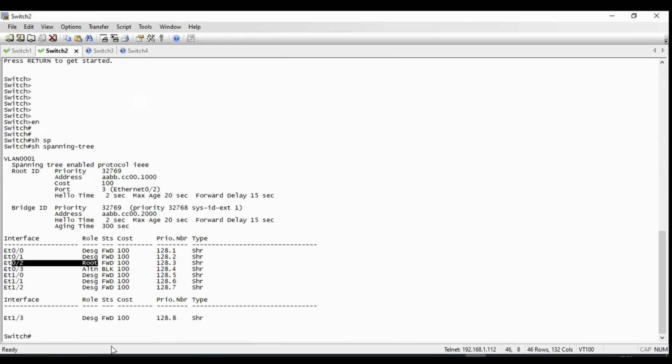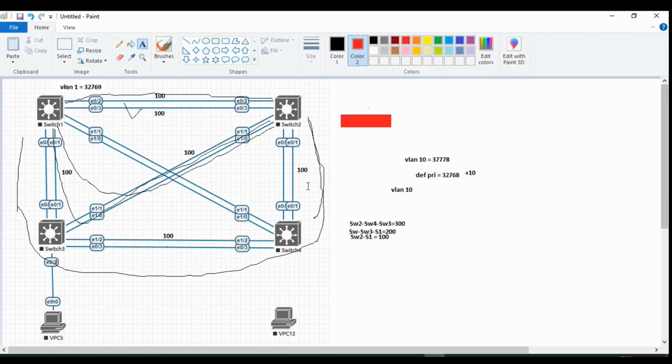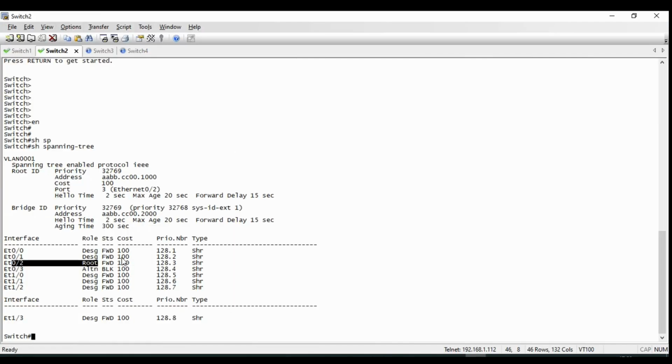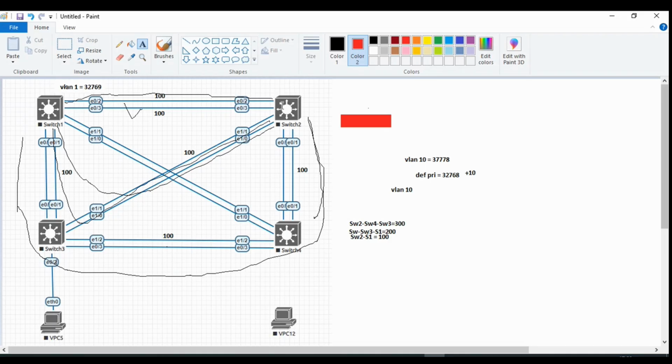In this design, E02 becomes the root port. Why? Because switch 2 is hearing the message from the root bridge on the lower port, E02. So the second criterion only comes into the picture when the path cost calculation is equal, when the path costs are similar.